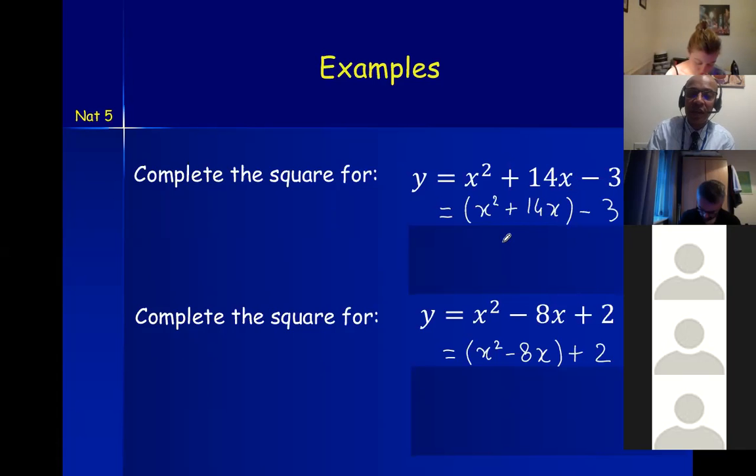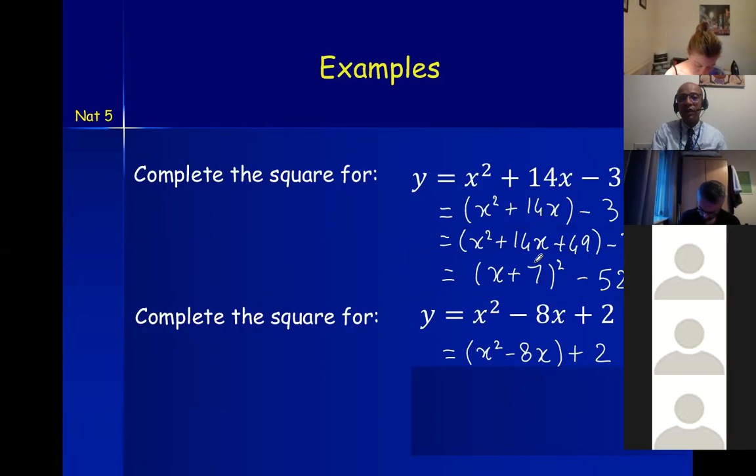Plus 49, and then minus 3. But because we've added plus 49, we need to take away 49. So then you end up with x squared plus 14x plus 49 minus 3 minus 49. And just like I said, half of 14 is 7. (x plus 7) squared minus 52 is us having completed the square for x squared plus 14x minus 3.